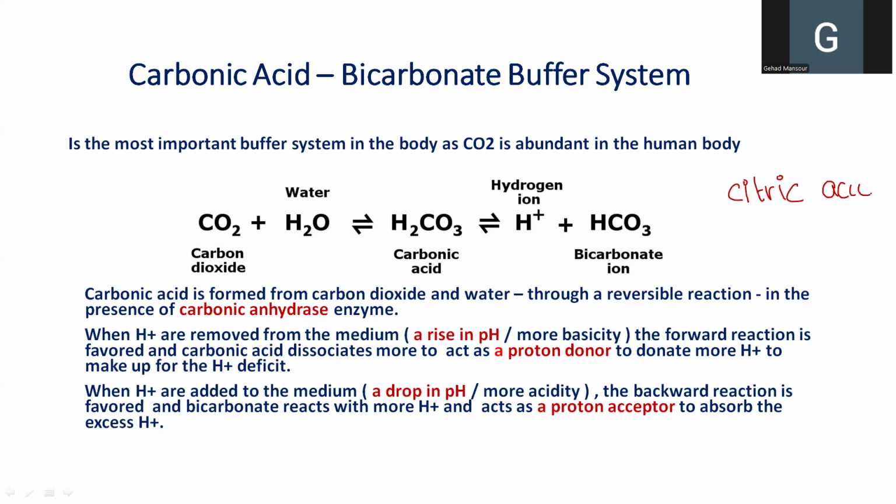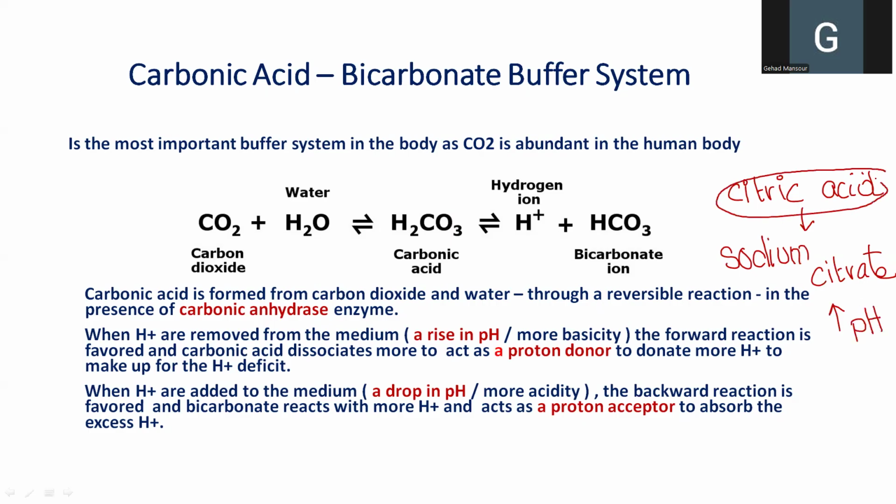Although it is an acid, in the blood it will react with sodium to give rise to sodium citrate, and sodium citrate will elevate the pH of the blood. So if you eat a lot of citrus fruits, although they are acidic and sour, in the body they give you a lot of sodium citrate, which is alkaline and which raises the pH.